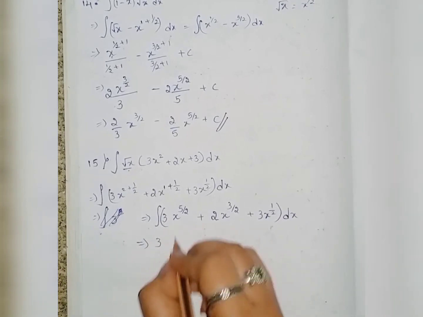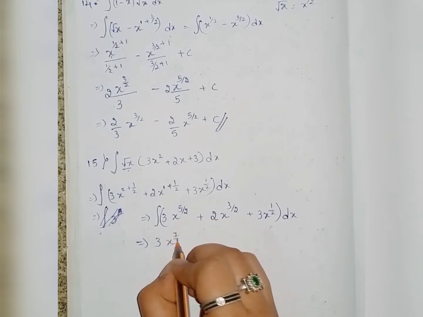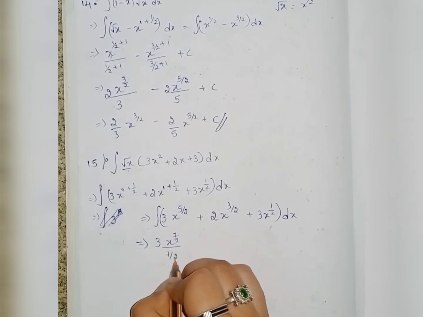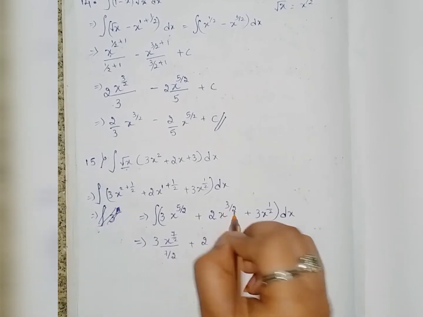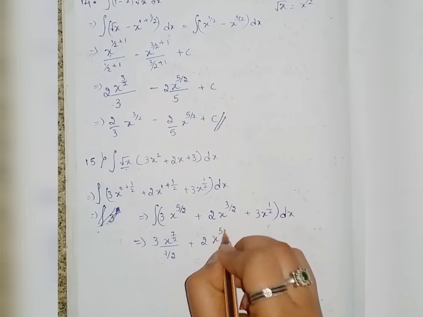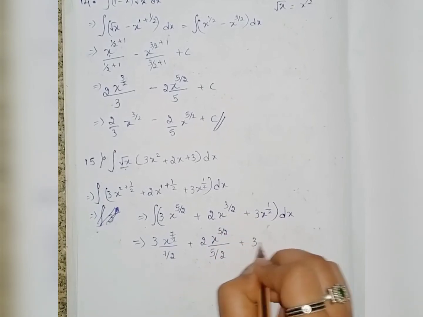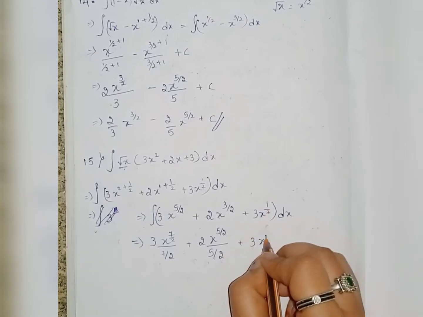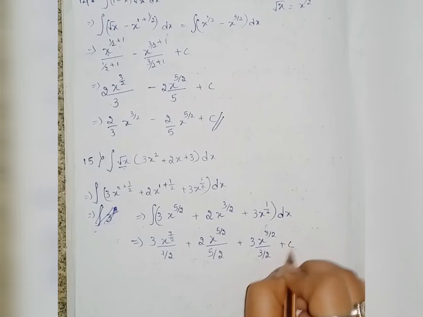3 is a constant, x to the power 5 by 2 plus 1 is 7 by 2, divided by 7 by 2, plus 2 times x to the power 3 by 2 plus 1, which is x to the power 5 by 2 divided by 5 by 2, plus 3 times x to the power half plus 1, which is x to the power 3 by 2 divided by 3 by 2, plus c.